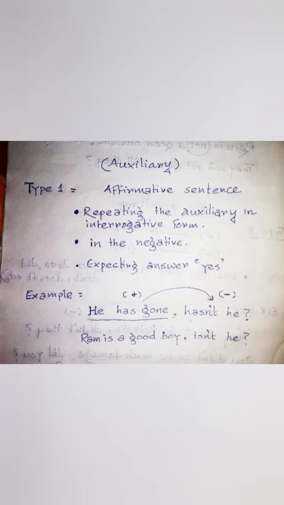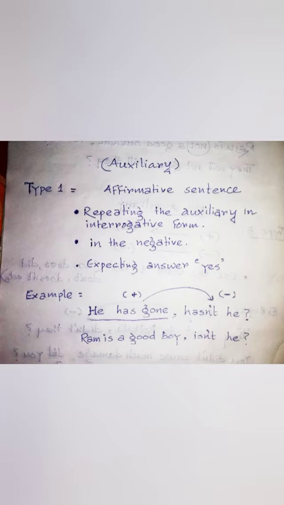So not is added here: isn't he? And the question mark. So the rule is, if there is an auxiliary verb and the sentence is affirmative, we have to make the question tag negative, and at the same time we have to repeat the auxiliary verb.